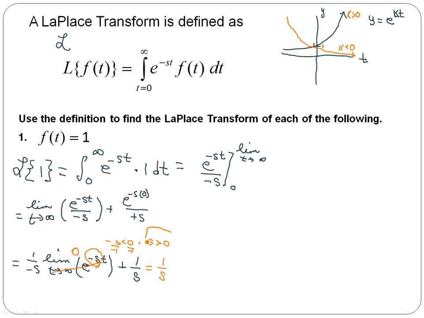So when s is greater than 0, this converges, and you get 1 over s as the Laplace transform. Laplace of 1 is 1 over s. And there's a condition here that says that s has to be greater than 0.